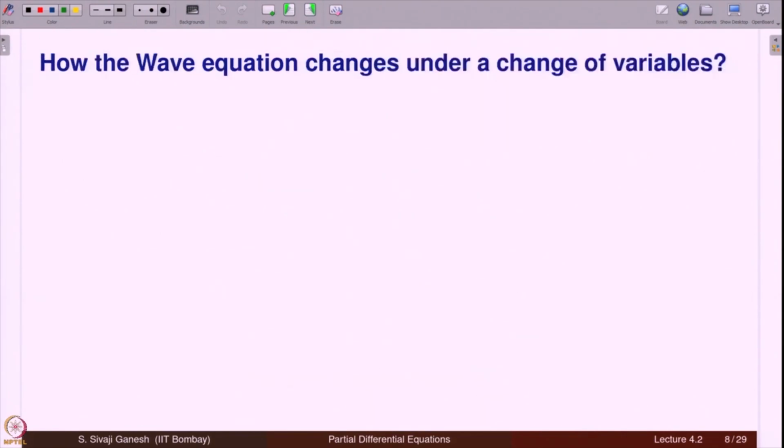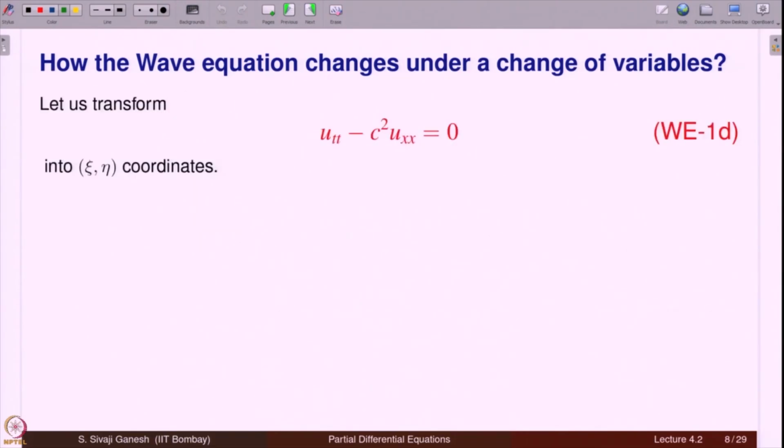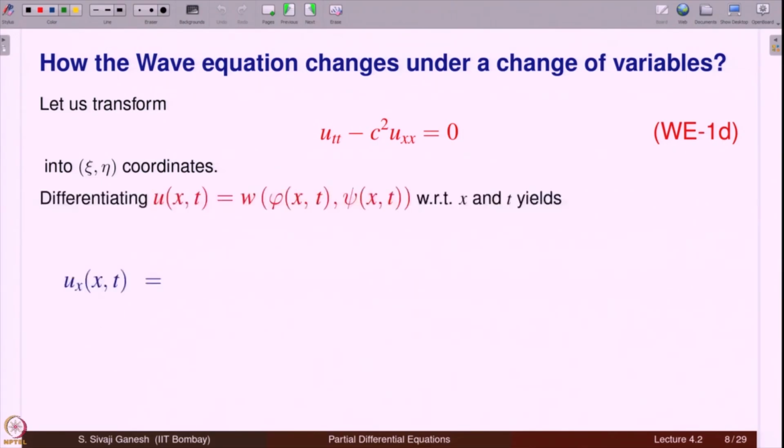So, how does this wave equation change under a change of variables? Let us transform WE 1D into xi, eta coordinates. Okay, we are yet to find these coordinates, we will find them.